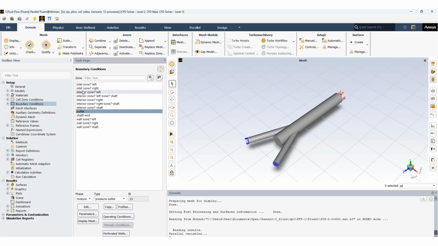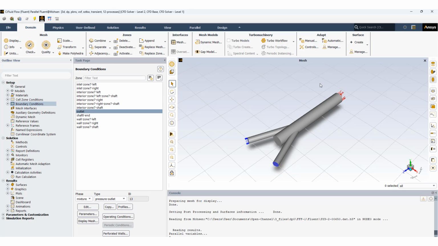So we don't have an open boundary condition here. This is the main difference between the previous cases in part 2 and part 1, where we had a trapezoidal open channel, and we were using the volume of fluid method, and the top faces were open to the air.